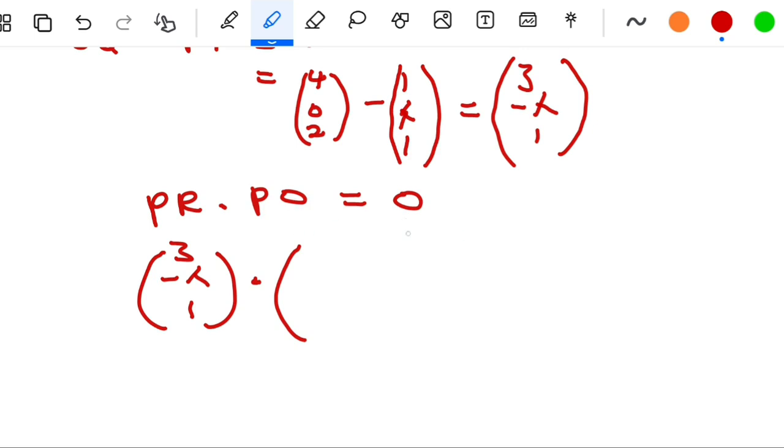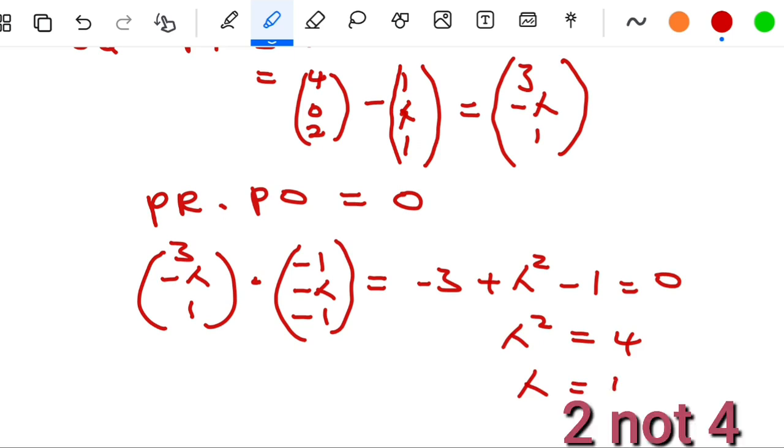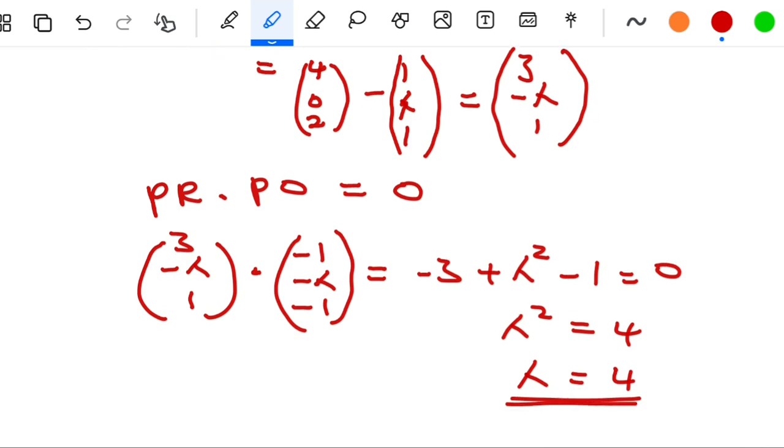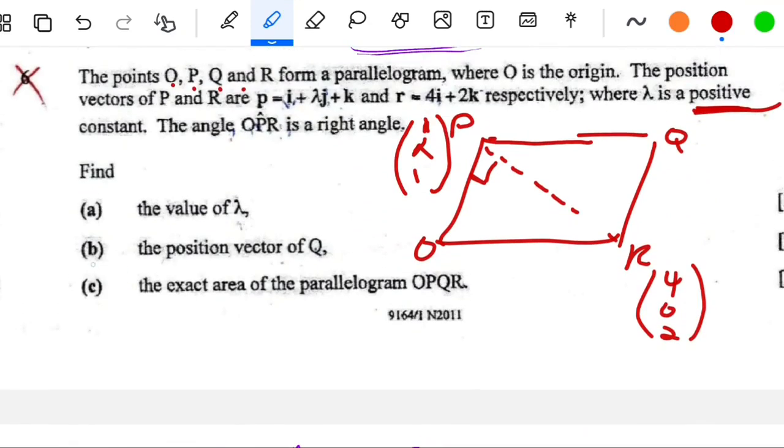This is now PO, so you're saying times negative 1. That gives us negative 3 plus lambda squared minus 1 equals 0. Then lambda squared equals 4. Then lambda equals plus or minus 2, but they specifically say it is positive, so we're taking 2 there. Then next we are on B.